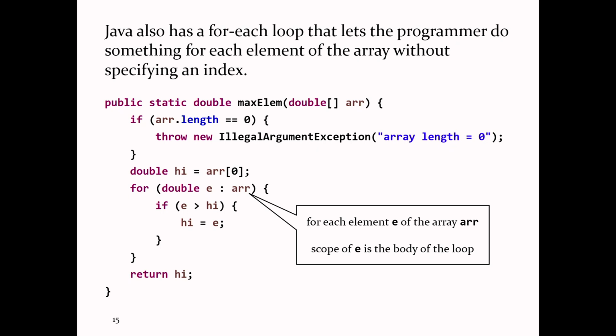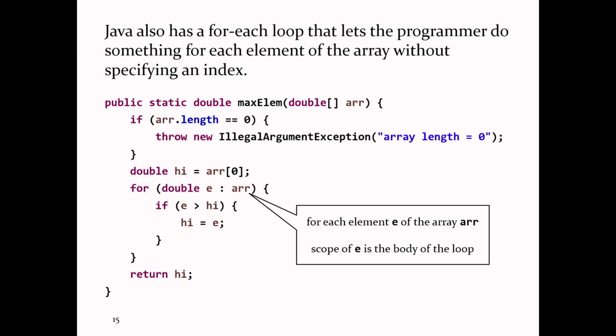You can call it whatever you want. So I'm going to call it e here, short for element. You need the type of the element. This is an array of double, so the type of e is going to be double. And then it's a colon, and then the name of the thing that you want to loop over. So I want to loop over the array arr. The way you read this is: for each double element e in the array arr.